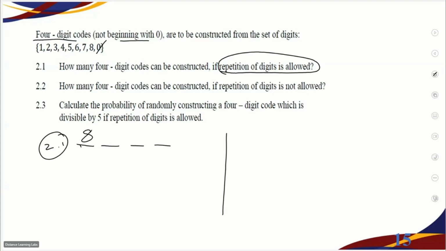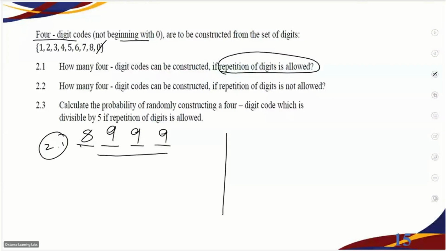For the second position going forward, 0 can compete, meaning all 9 of them, because irrespective of which number occupied the first position, that number can compete again for the other positions going forward. The second position, all 9 of them would compete. The third position, 9. The last position, 9.